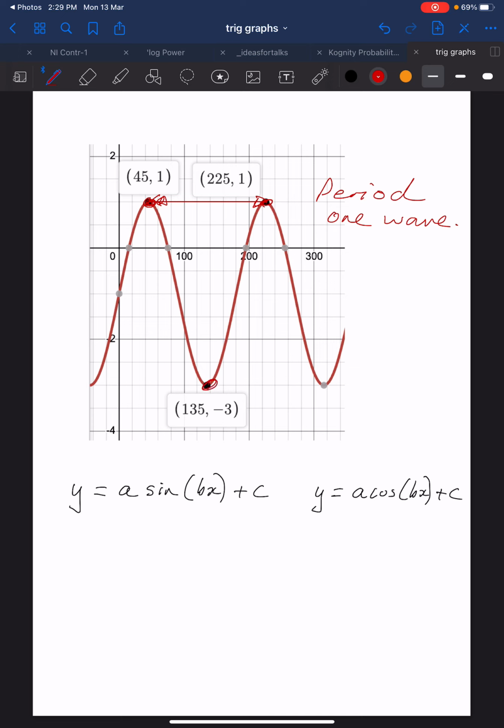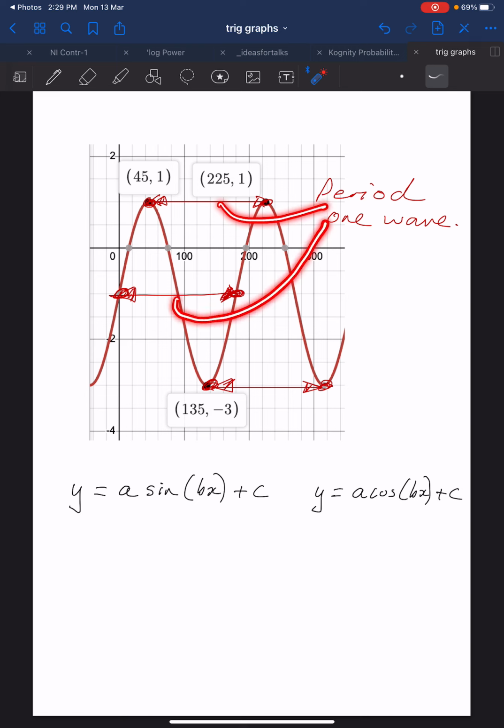You could also go from the minimum to the minimum, and you could also go from the center line from here back to here. All of those distances would represent the period.